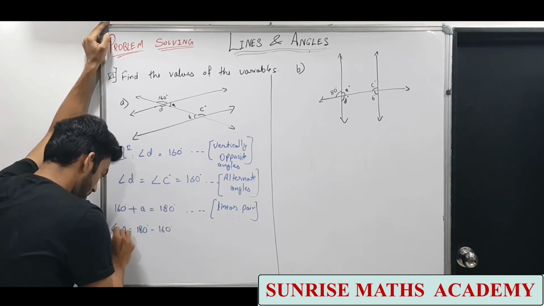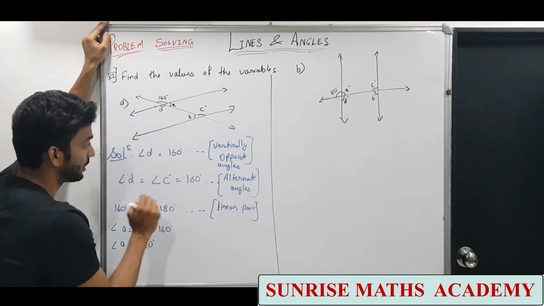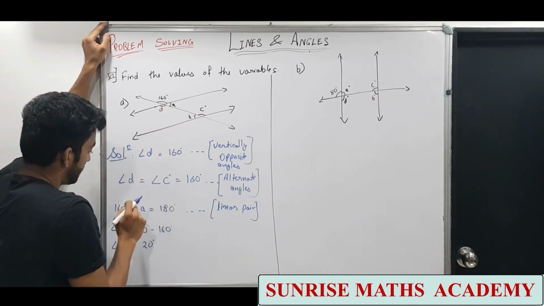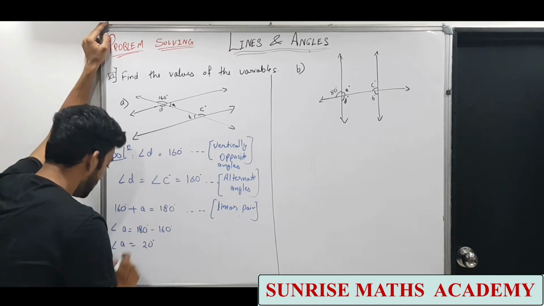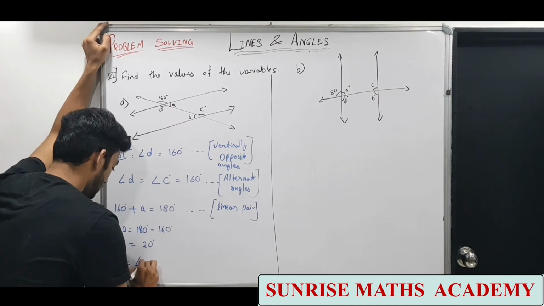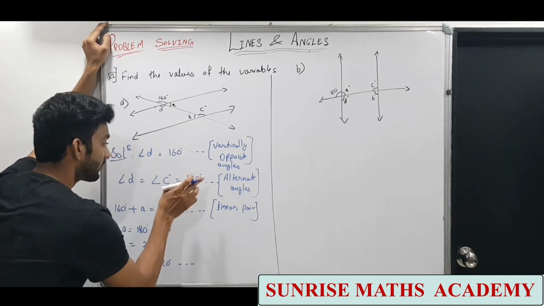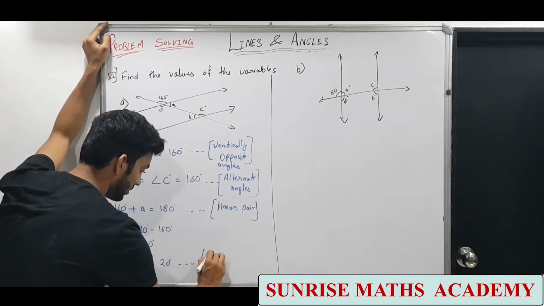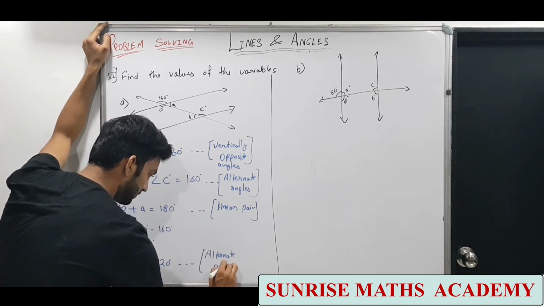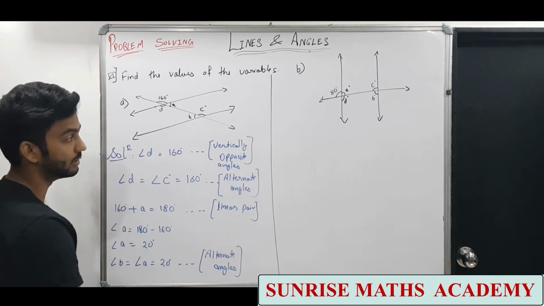So A equals to 20 degree. यहाँ पे linear pair concept use किया हमने. So we have got A, D and C. Last is remaining B. Angle B equals to angle A equals to 20 degree. Because they are alternate interior angles. So that's how we have got all four variables.